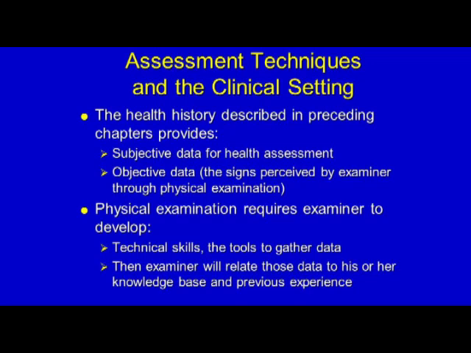And what you've been reading about, especially in chapter 4, talks about health history gathering and how important it is to do using all the communication skills that you've learned, the therapeutic communication skills, when you're interviewing your client and gathering health history data from them.